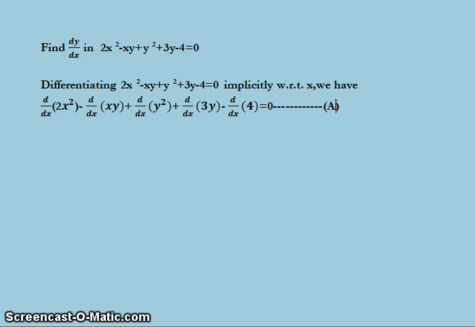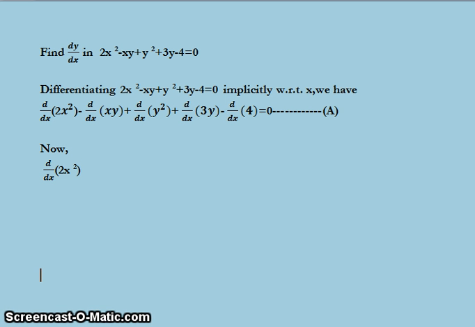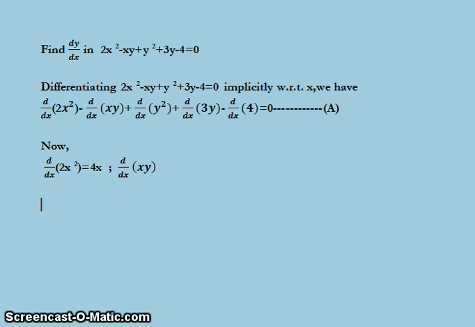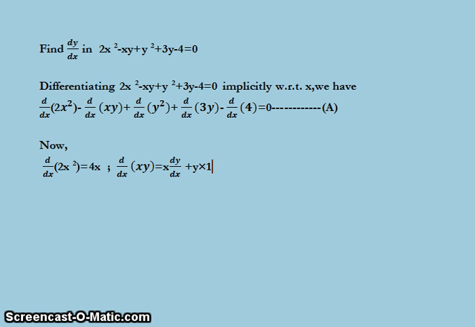Now the value of d by dx of 2x square is equal to 4x, and the derivative of xy with respect to x is evaluated as x dy by dx plus y into 1, by the use of the product rule, which is equal to x dy by dx plus y.